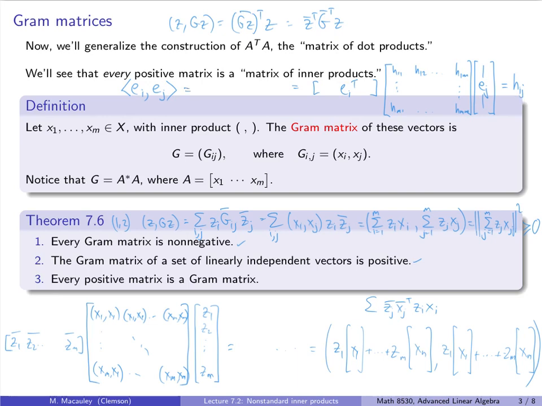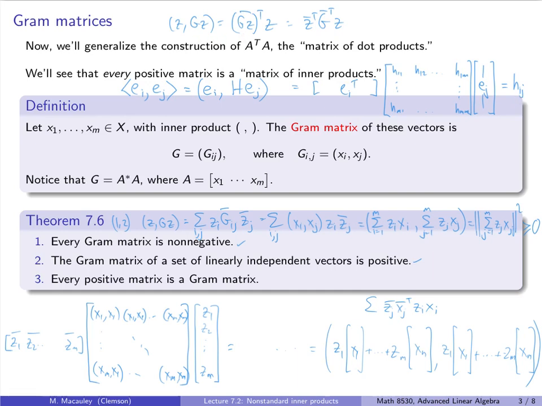So I will define what I call the non-standard inner product of EI and EJ to be, based on my default inner product, the inner product of EI and H EJ. Because H is self-adjoint and positive definite, this is an inner product. And I claim that in this case, the inner product of EI and EJ is indeed HIJ. And I'll let you check that using this definition.